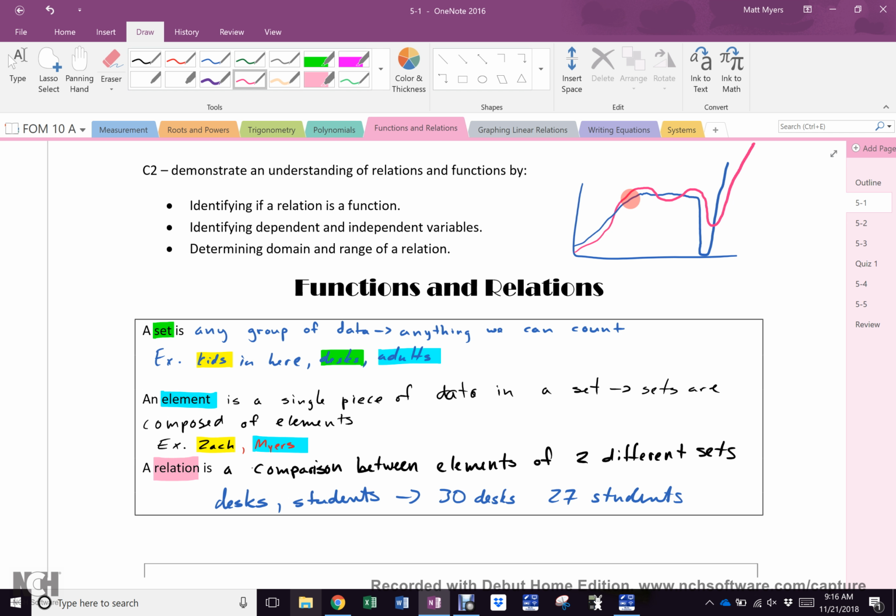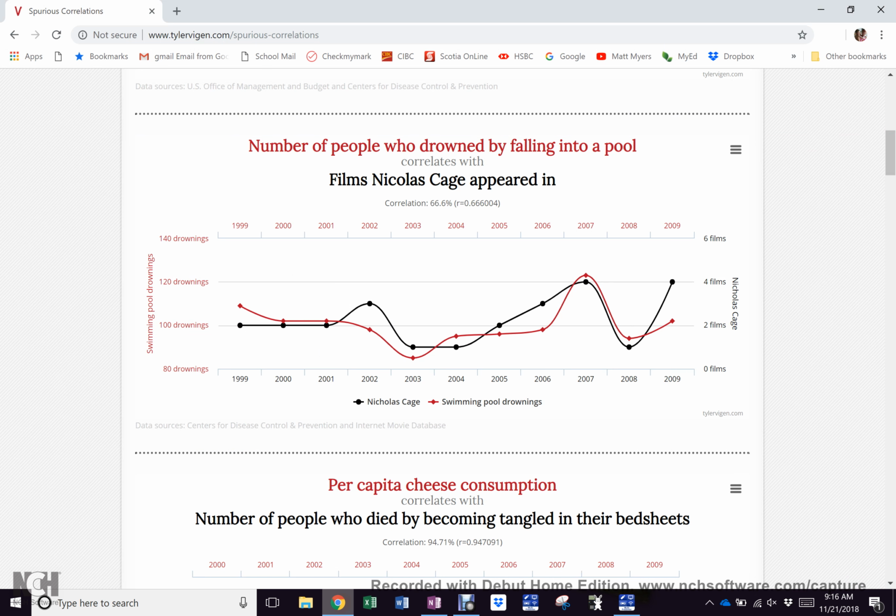Wow. Here's the example I wanted to give you. The number of people who drowned by falling in a pool, the red line, related to the number of films Nicolas Cage stars in. Oh my gosh, when Nicolas Cage starts starring in more and more movies, more people die by falling in a pool. We better keep that guy out of films, yes?